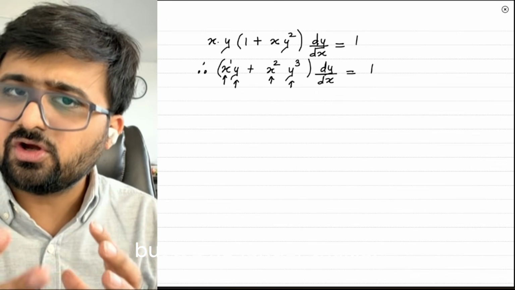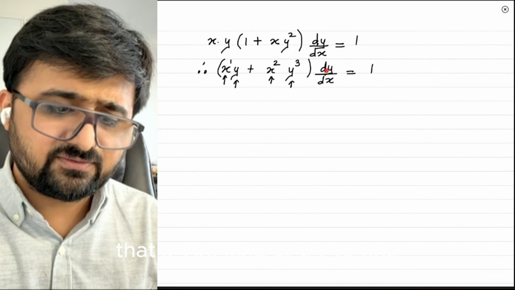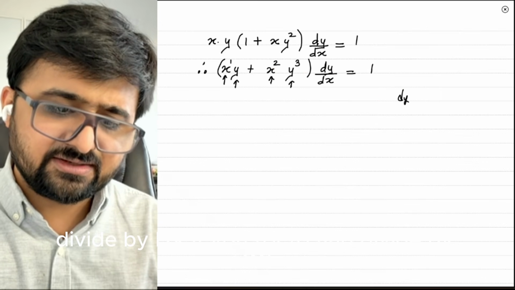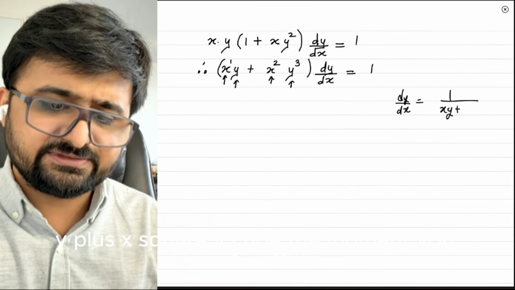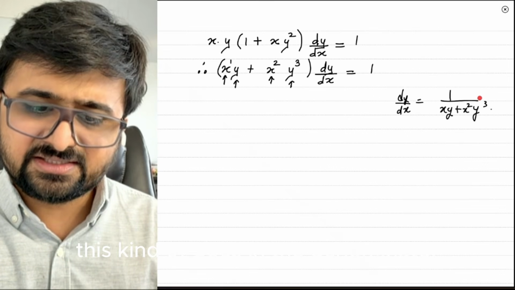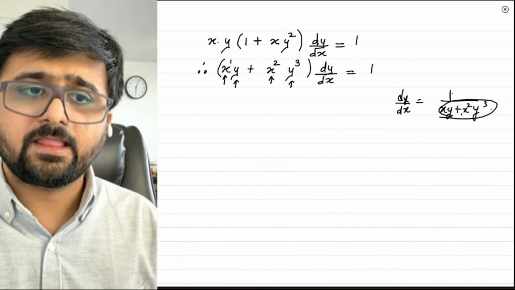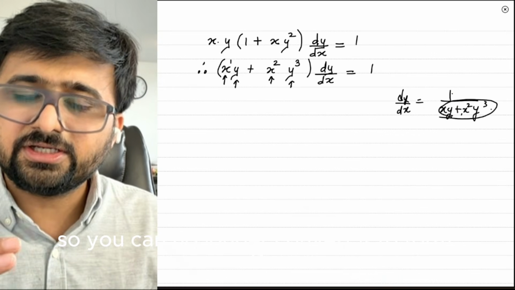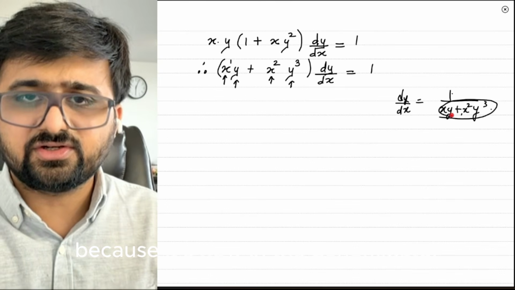But it's no longer tricky when you notice one thing. If you try to find dy by dx, this is going to become 1 over xy plus x square y cube. The moment you notice this, this term goes in the denominator. So you can no longer convert it to the form dy by dx plus py is equal to q, because it's now in the denominator.